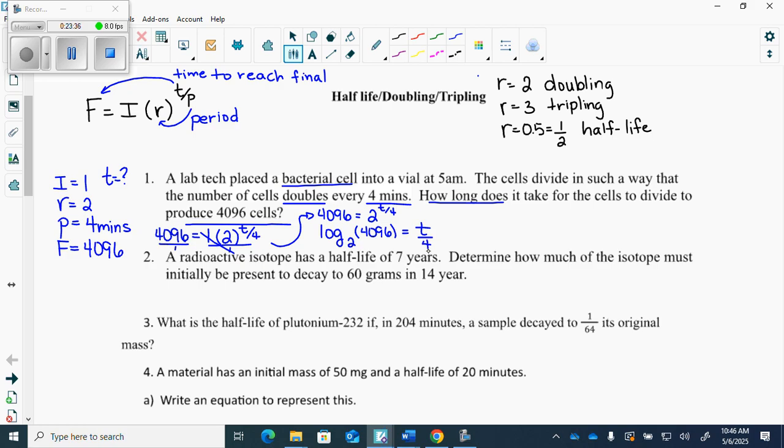And how do I get rid of the division of 4? Should be getting 48 what? Minutes.